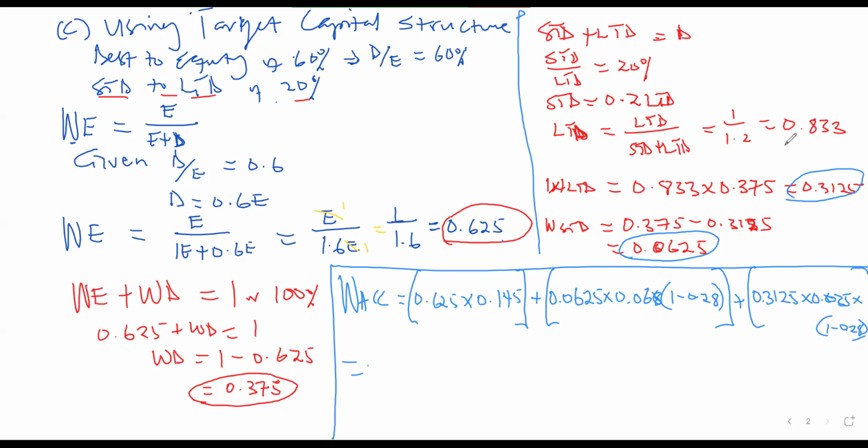Now we want the percentage of long-term debt in our total capital. But we have found the percentage of total debt in our total capital to be 0.375. If you multiply the 0.375, which is the total debt percentage, by the percentage of long-term debt in our total debt, then that gives us the percentage of long-term debt in total capital.